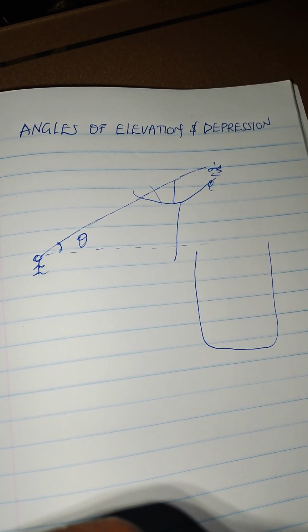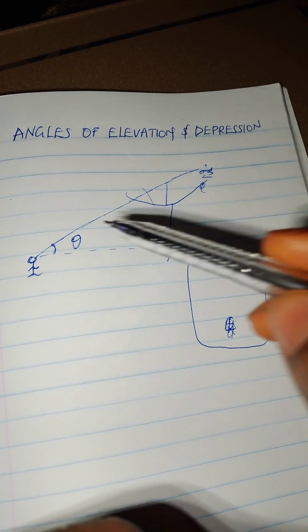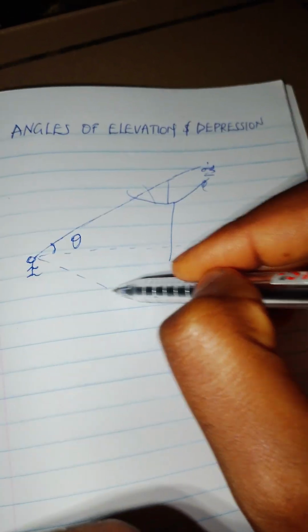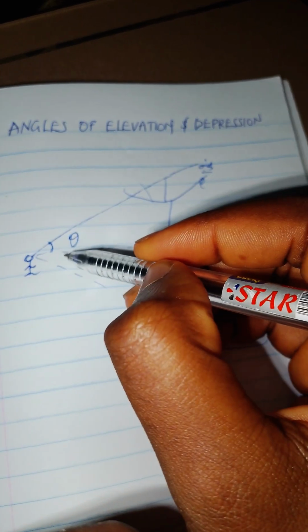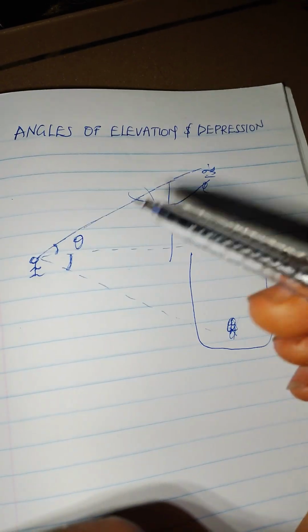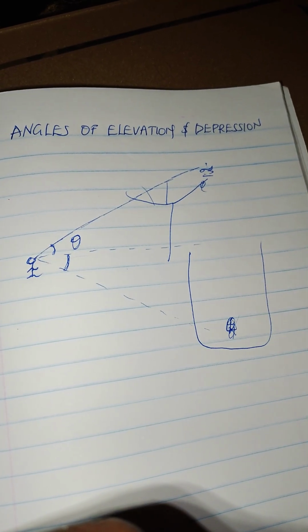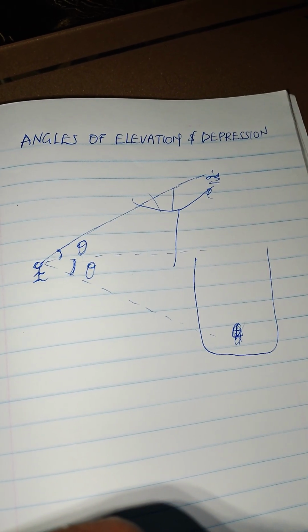And now you notice that for you to see whatever fruit that fell, you have to look lower than your eye level. You have to go below your normal eye level in order to see that. And now if you look again, another angle has been formed between your normal eye level and the way you looked down in order to observe the fruit. So this other angle here is what we call the angle of depression.